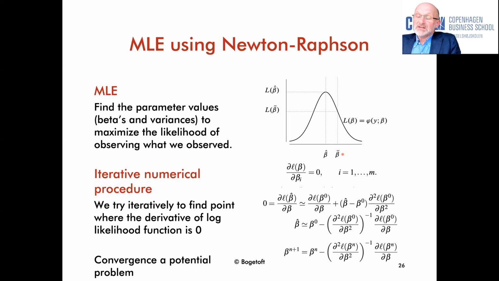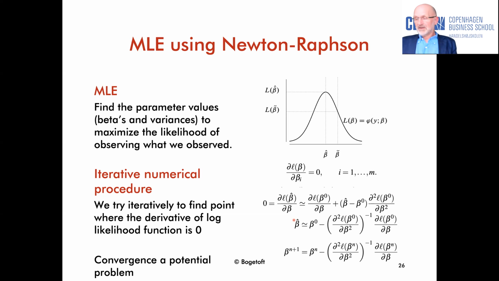Anyway, the method we use is called the Newton-Raphson method, and it's described down here. Basically, what you're looking for is the place where the derivative of the likelihood function is 0. So you just need to find where the derivative of the likelihood function crosses the x-axis, where it is 0. This can be done by this procedure.